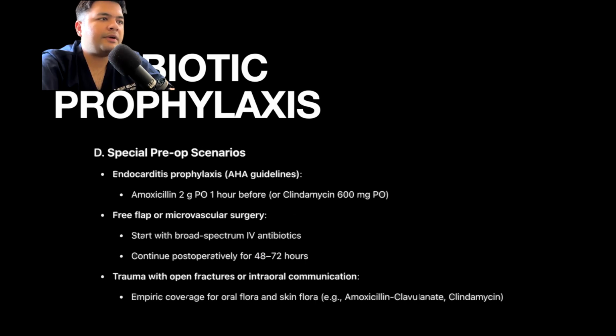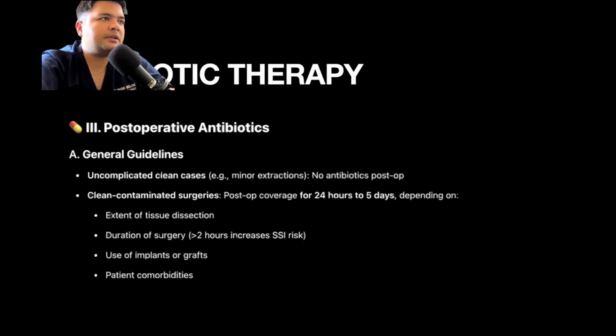Free flap or microvascular surgery, start with broad spectrum IV antibiotics, continue post-operatively for 48 to 72 hours. Trauma with open fractures or intraoral communication, empiric coverage for oral flora and skin flora, for example, amoxicillin clavulanate, clindamycin.